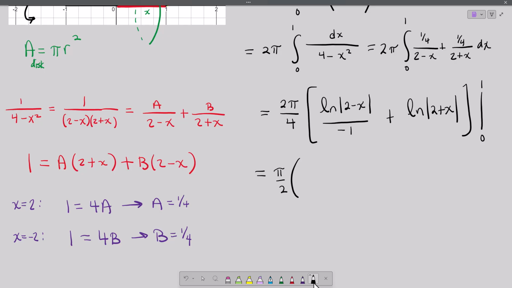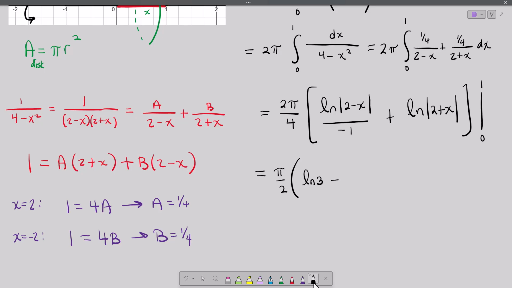And then inside, we're going to first plug in 1. So plugging in 1 right here, 2 minus 1 is 1. Natural log of 1 is 0. So this term is gone when we plug in the 1. This term is natural log of 3. We don't need absolute value bars. 3 is positive. So there's the upper limit of integration minus the antiderivative at the lower limit of integration.